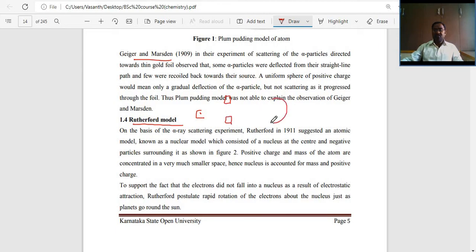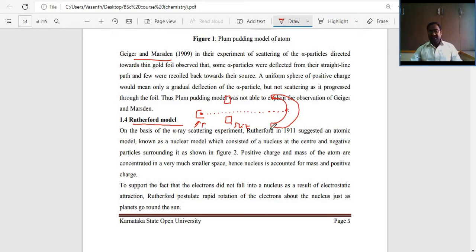This is the ZnS screen or gold foil. Once this radioactive source is heated, it emits alpha particles. The emitted alpha particles move through the slit.